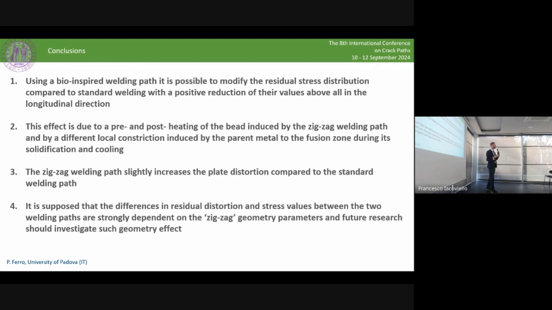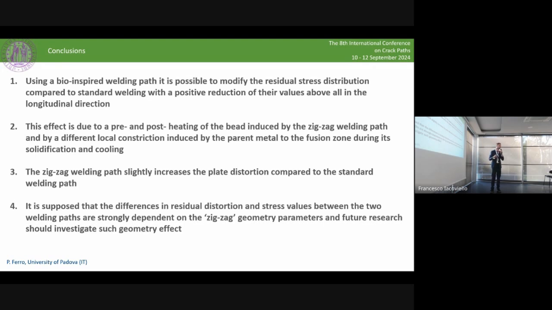If you are familiar with residual stress of butt welding joints, we can suppose that this effect is due to a sort of pre and post heating of the bead given by the welding path, but also, in my opinion, to a different local constriction induced by the parent metal to the fusion zone during its solidification and cooling.